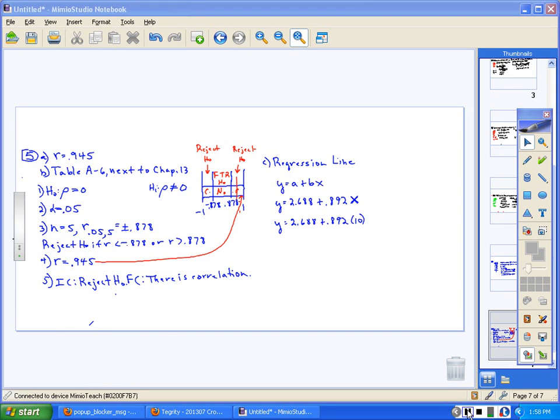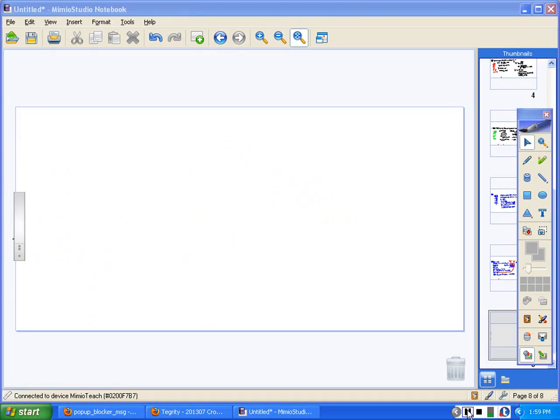And that turns out to be 11.608. But again, please remember to give me the equation with the x in it first, and then plug in the value of 10. Okay, so I'm going to do part D now. This is 5D.